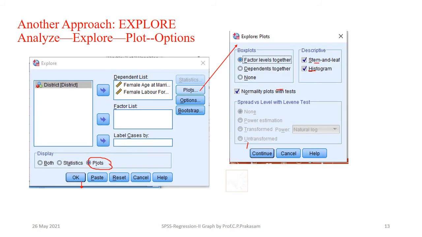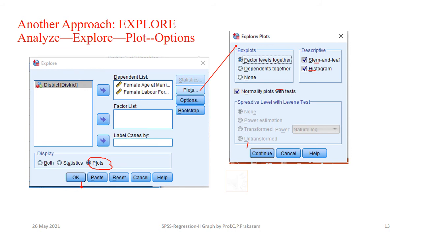Apart from the graph module, we can also draw the graphs by using Explore. In this, you go to Analyze, Explore, and then we bring out all the variables which are required to be plotted into the dependent list: female age at marriage and female labor force.